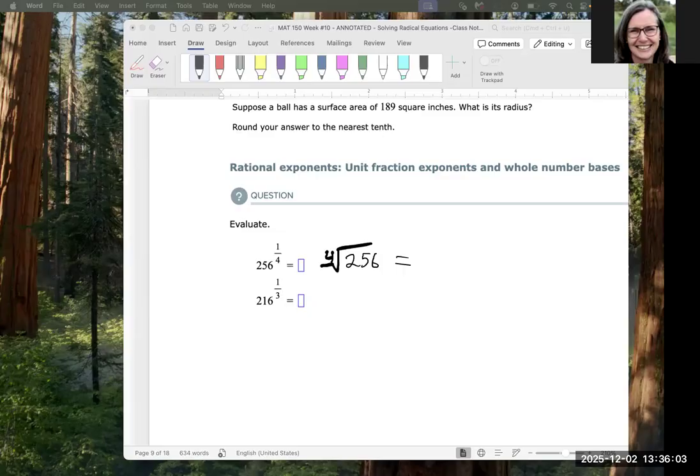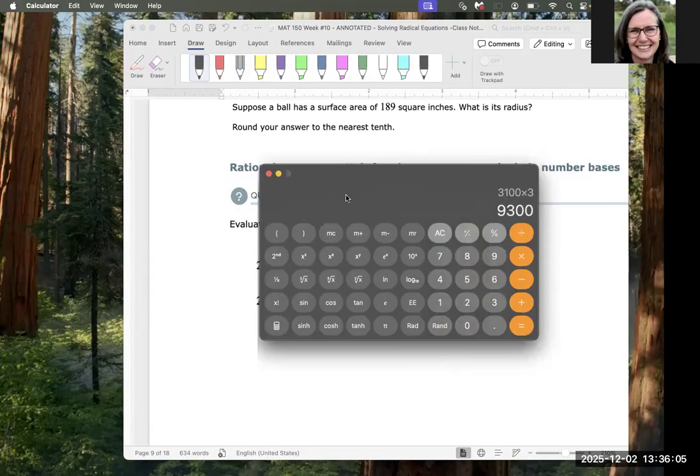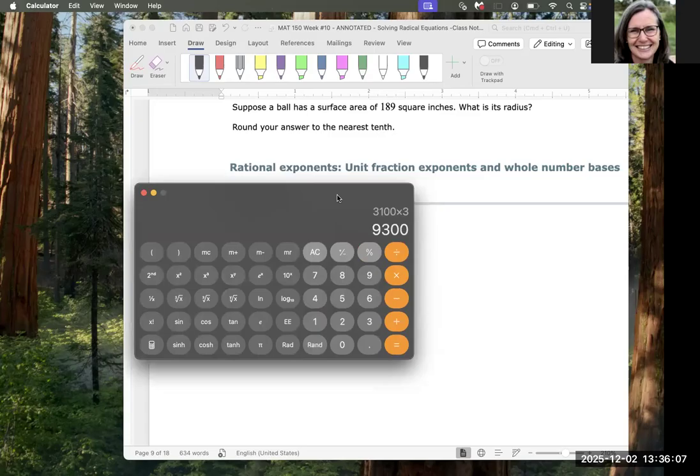All right, so using your calculator here, there's a button that I want to make sure you're aware of. X squared and square rooting are inverse functions. The same way, if I have x cubed and cubing, they're inverse functions.